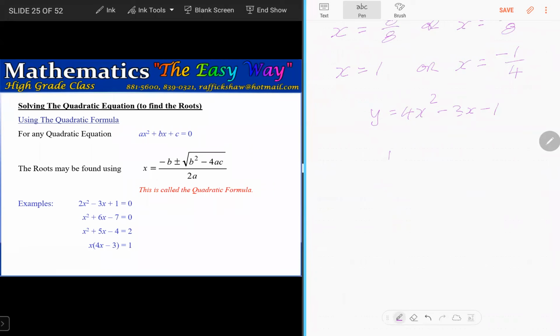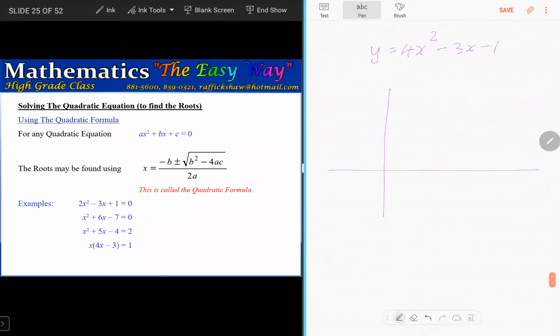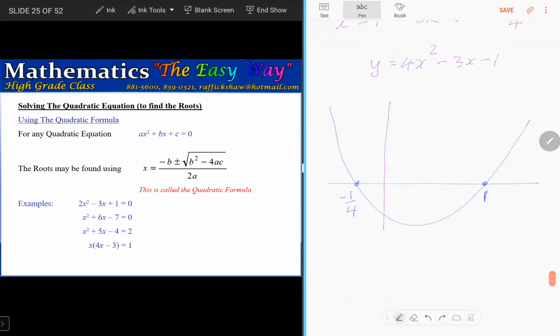So on the y-axis and x-axis, it will have a smile shape. This will be minus a quarter on one root, and 1 the other root. And the y-axis intercept would be negative 1, so this would be the point (0, negative 1).